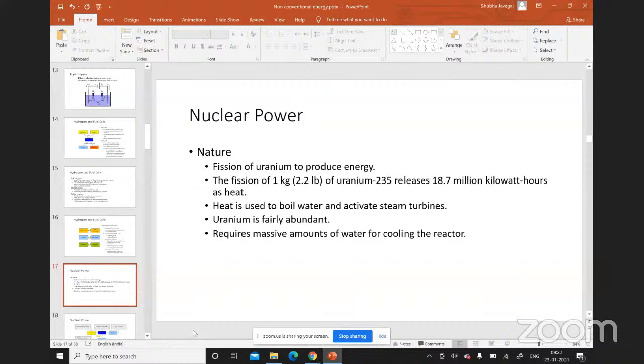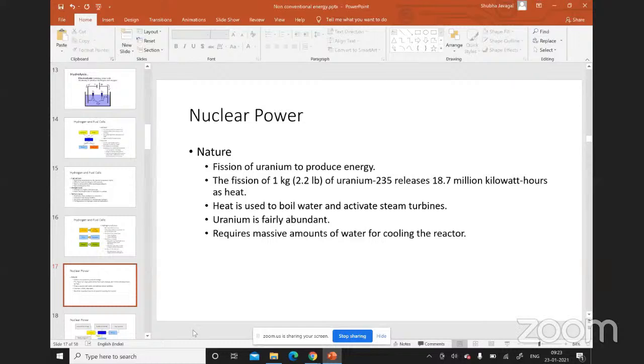But the only major disadvantage is that uranium is a natural resource that is not available in every country. So uranium has to be imported, which can be really expensive.